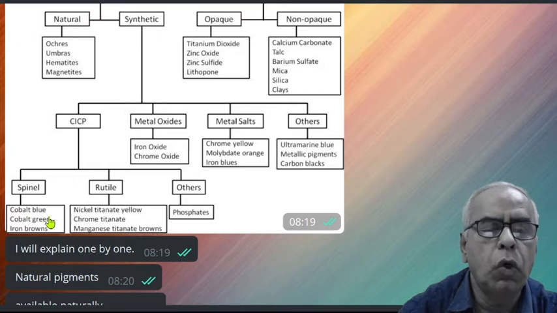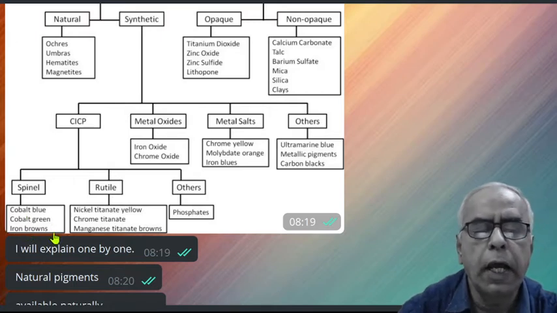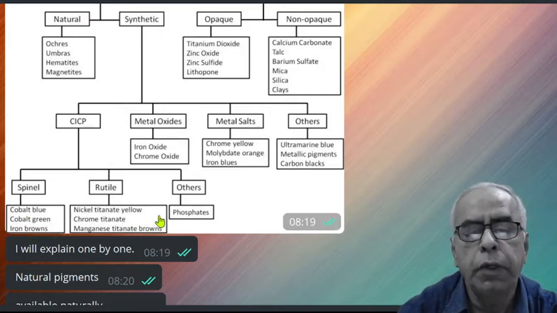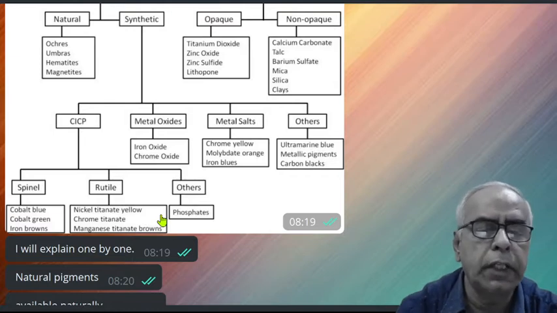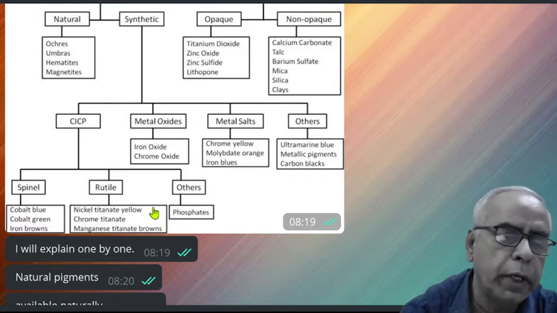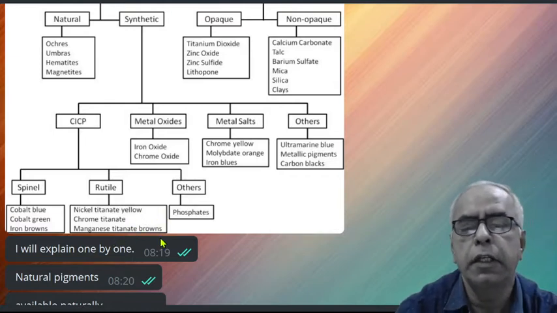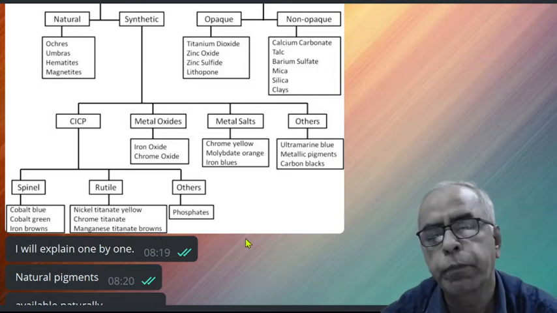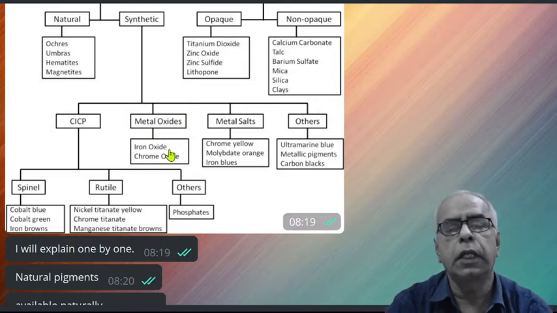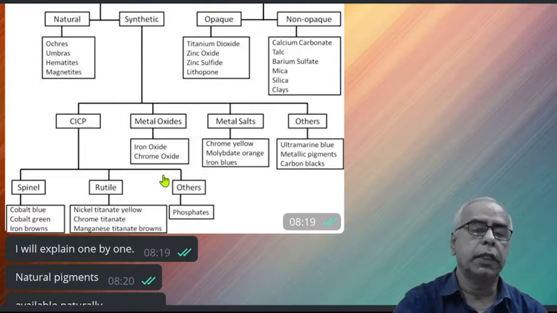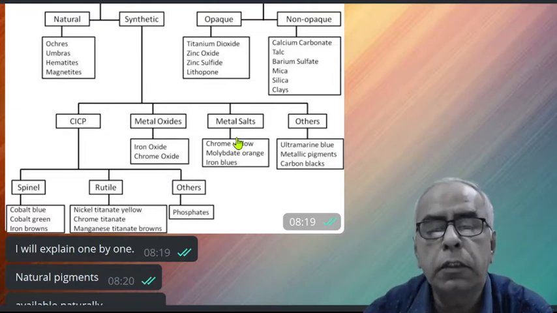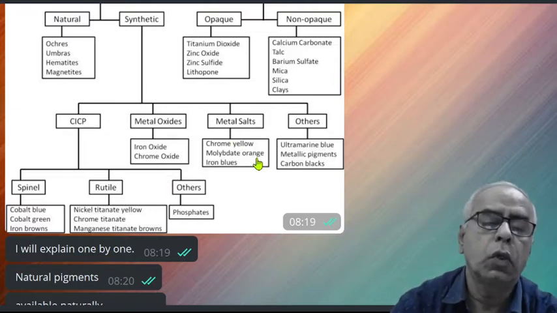We have cobalt blue, cobalt green, iron browns, and we have some rutile of nickel titanium yellow, chromate titanate, and manganese titanate browns are very popular. Then we have metal oxides like iron oxides, chrome oxides. Then we have some metal salts like chrome yellow.